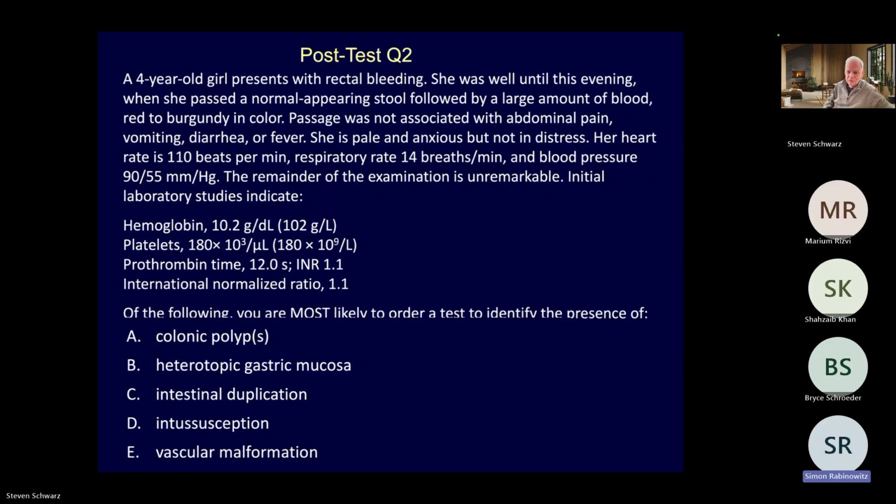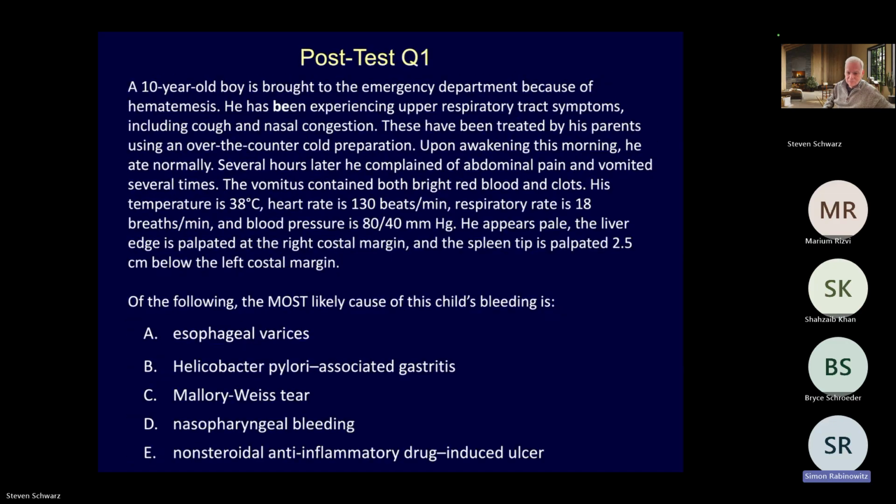Right. By the way, what creates the portal vein? Going back to anatomy, which has been a theme today. It's the confluence of what two vessels? Superior mesenteric and splenic.